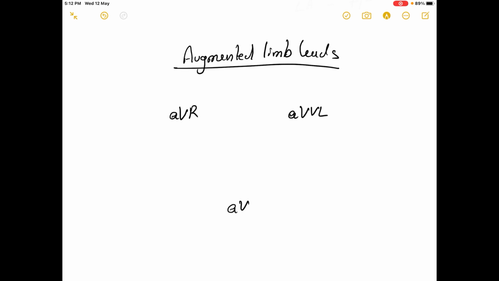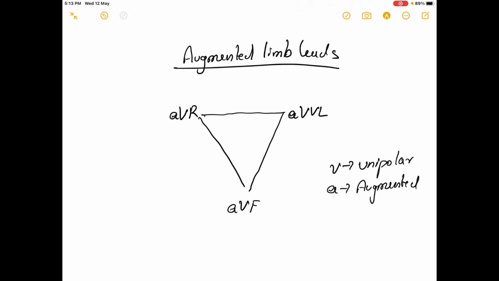Here the letter V stands for unipolar and A stands for augmented. The triangle is formed between right arm, left arm and left foot. Here the augmented lead is the positive terminal. For example, in the case of the AVR lead, the right arm is the positive terminal.